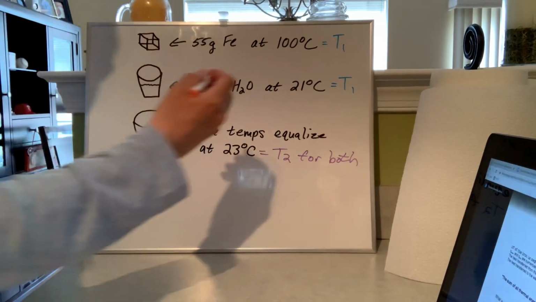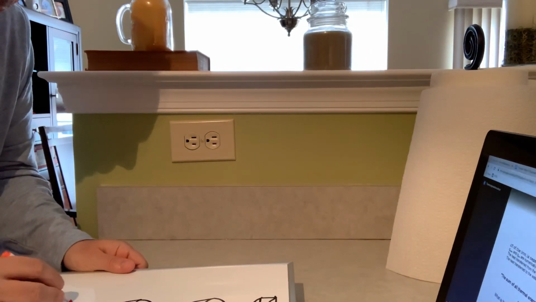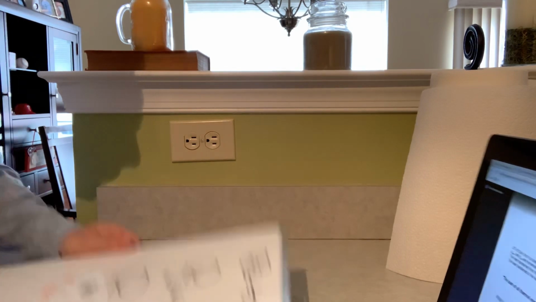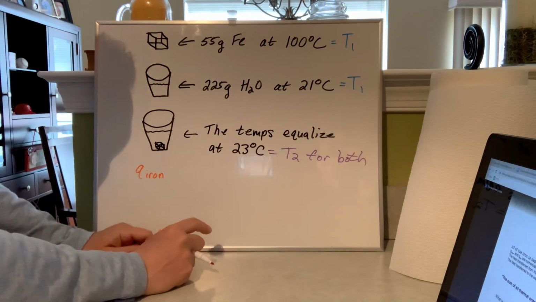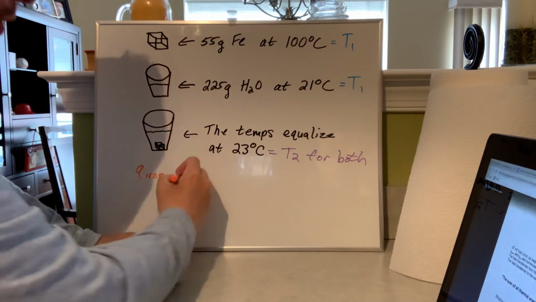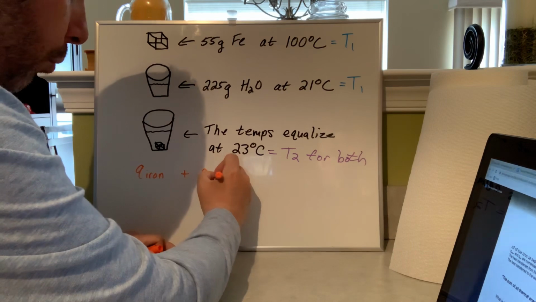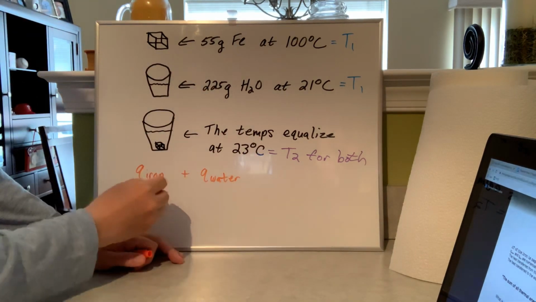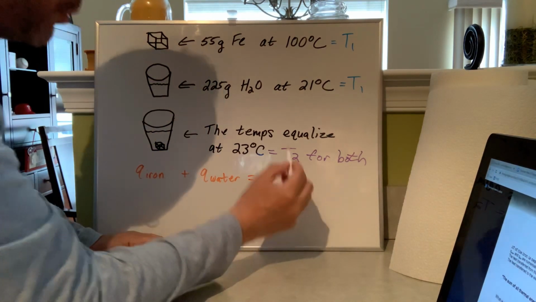It means we have a Q value for our iron, right? So I'm going to call that Q iron. Now, the sum of all the energy change is zero. So Q iron plus Q water, they're the only two things, the iron and the water, has to add up to zero.